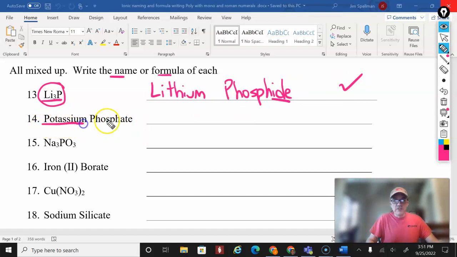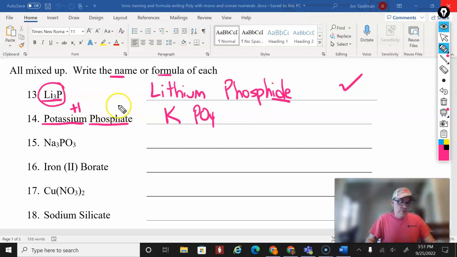Okay. We go to 14, potassium phosphate. So potassium is an element, it's not a transition metal. And phosphate is one of our polyatomic ions. So if I write things down, I got a K, and then phosphate is PO4. And then I need to figure out, do I need any numbers down here? Do I need subscripts? So again, I got to do some crisscrossing. So potassium is +1.